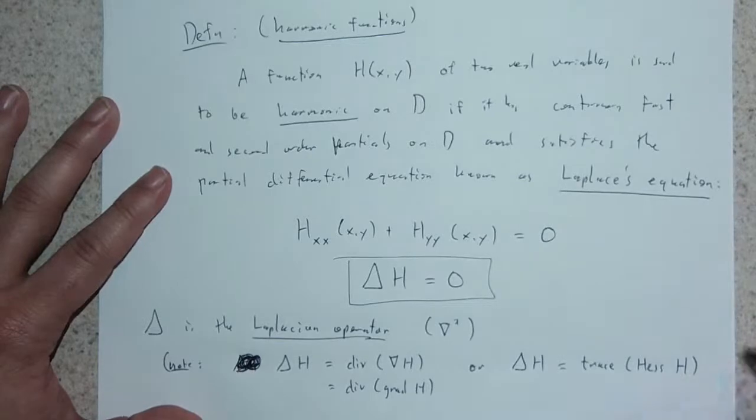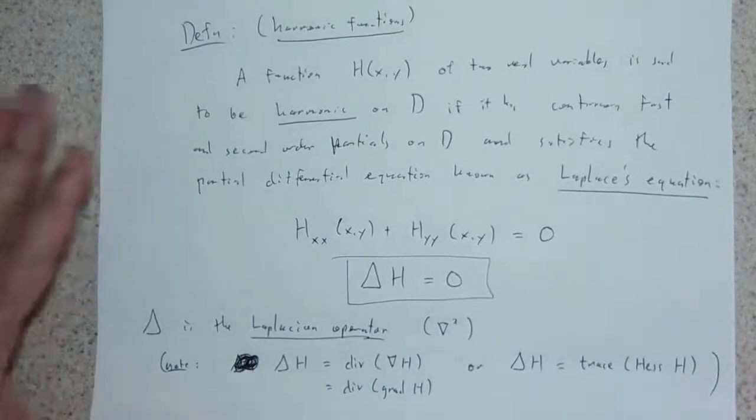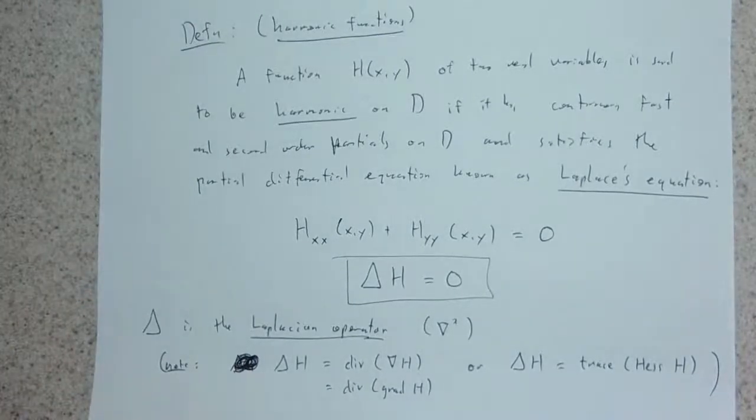Okay. These are two ways of seeing where this arises. Thinking about it as the trace of the Hessian matrix, of a function h, that is just the collection of second order partials, right? So the Hessian is symmetric if the function's nice, and second order partials commute at a point. And the trace of that matrix, that is the sum of its diagonal entries, is the Laplacian of h.